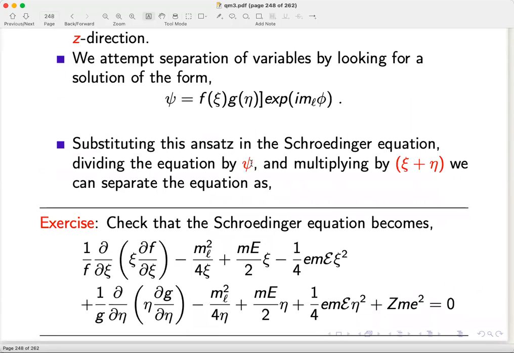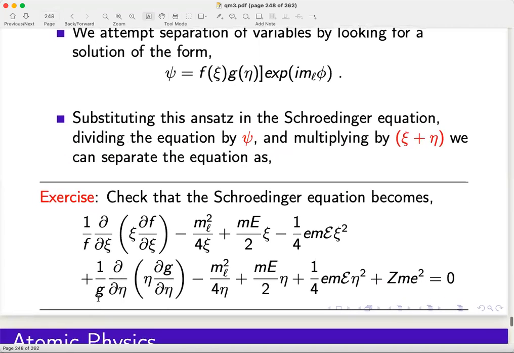That is not really essential, but it is a good thing to do to see that the variables are actually completely separated. If you do that, you get an equation which looks like this. This is an exercise; you can check this one.